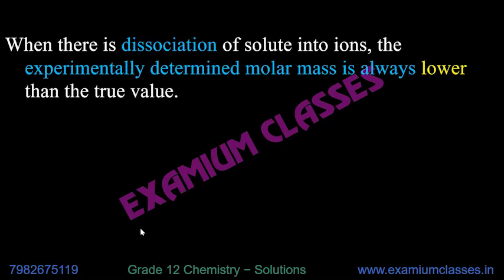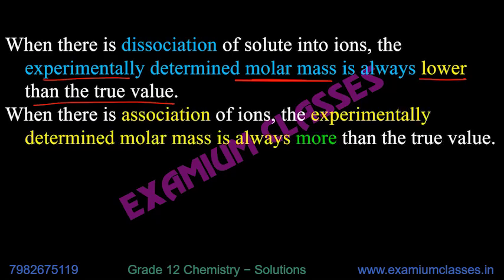When there is dissociation of solute into ions, the experimentally determined molar mass is always lower than the true value. And I'll explain why. First, understand these two points. During dissociation, the experimentally determined molar mass, means actual molar mass, is lower than the true value.